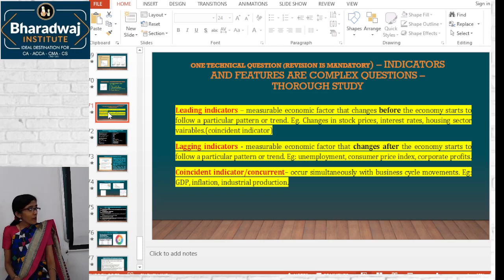Contraction implies it's a term for depression. Please understand that it's a situation where supply exceeds demand. Wherever you can make mistakes, that is what we are taking as few questions. Contraction means the economy is shrinking.